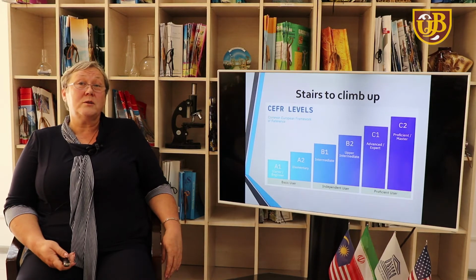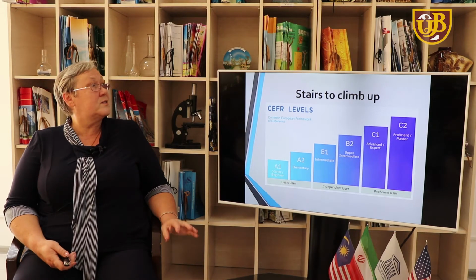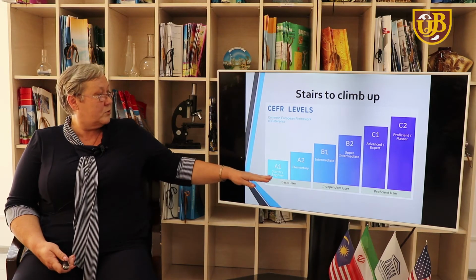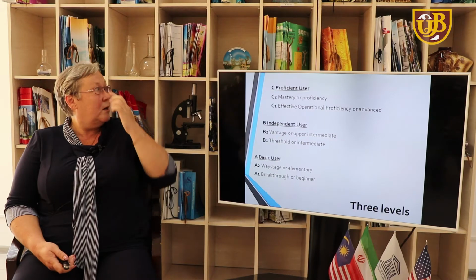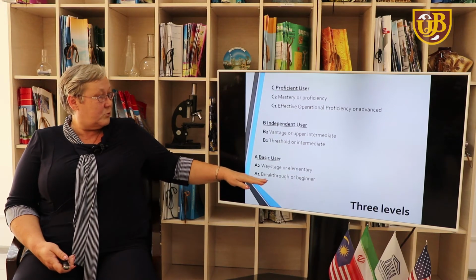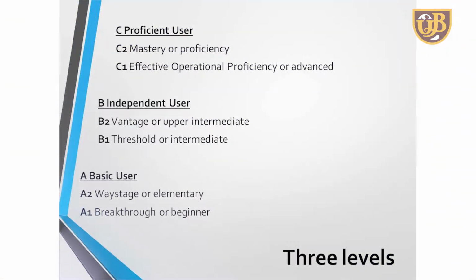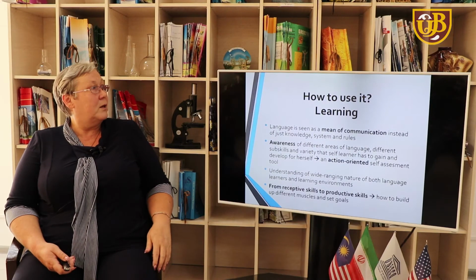According to this document, we have some stairs to climb up. You see the lowest one, A1, A2, B1, B2, C1, C2. The levels, three levels: A, basic user; B, independent user; C, proficient user.